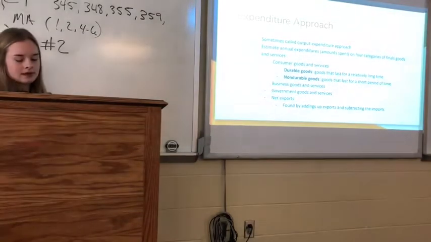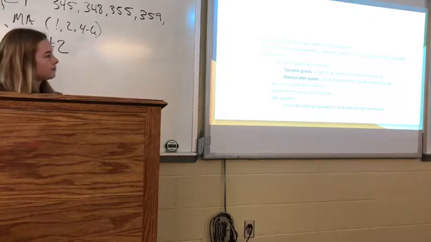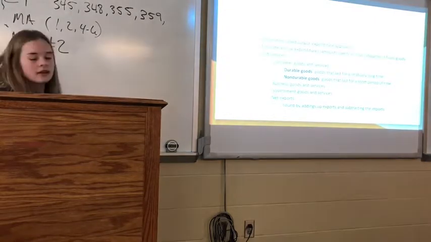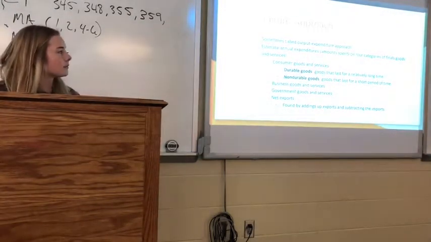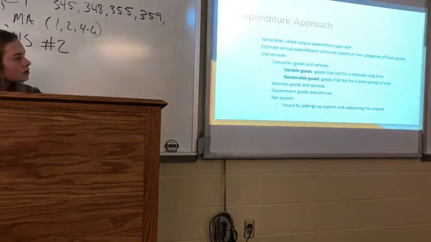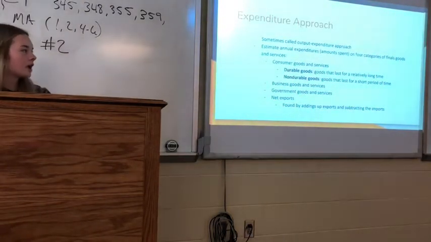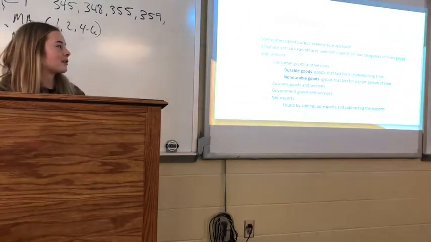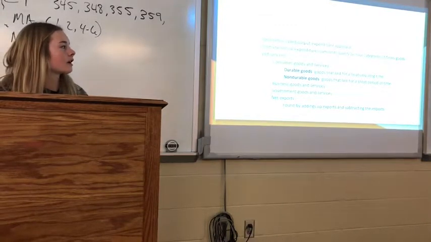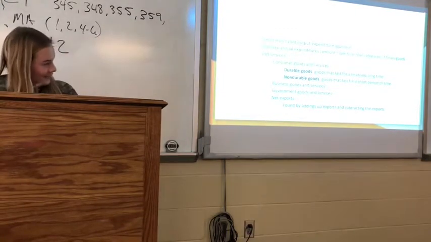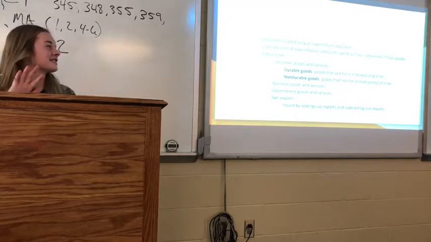The expenditure approach is one of the methods that they use, and it's sometimes called the output expenditure approach. It estimates annual expenditures, which is the amount spent on four categories of final goods and services.